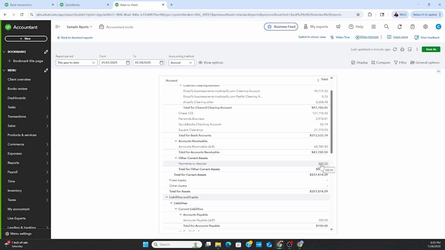It's coming from QuickBooks Payments or other integration payments, because it never got deposited to the bank account, because the payment was never processed correctly. So this process is very useful, because if you're looking at the balance sheet and you see this amount really high on undeposited funds or payment to deposit, it means that something didn't clear the bank or didn't match correctly.